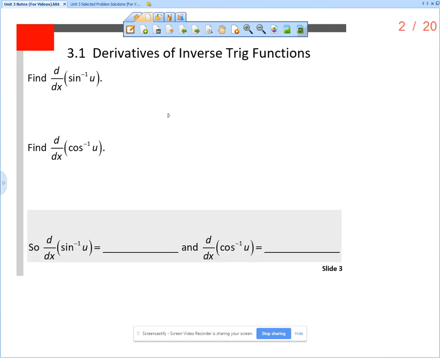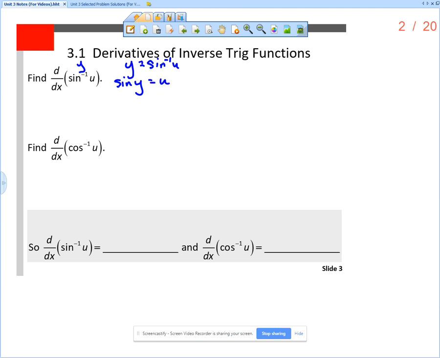All right, so the first one, the derivative with respect to x of the sine inverse of u. First of all, let's let y be equal to the inverse sine of u. Now, what this really means is that we're looking for dy dx. If y is the inverse sine of u, then we can say that the sine of y is equal to u.